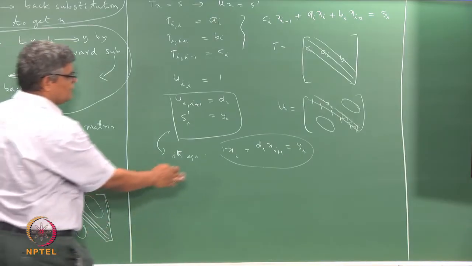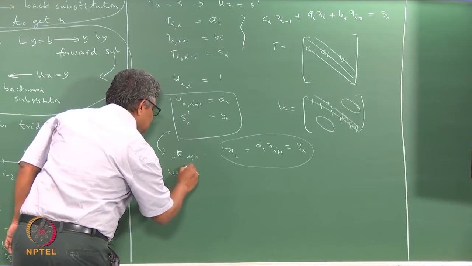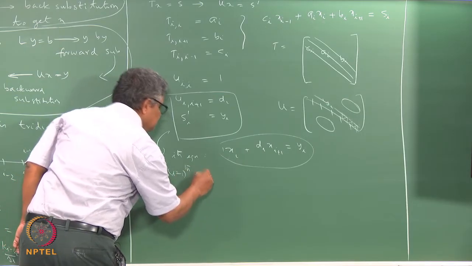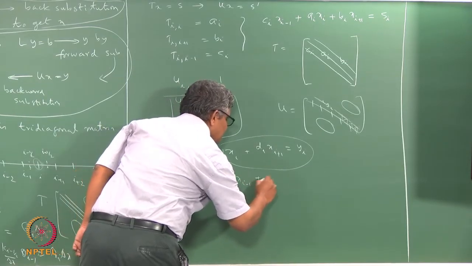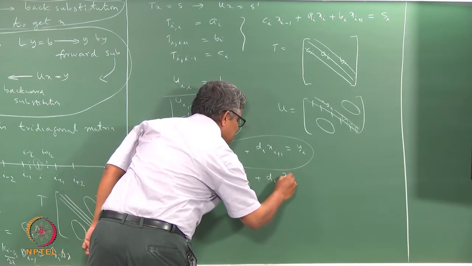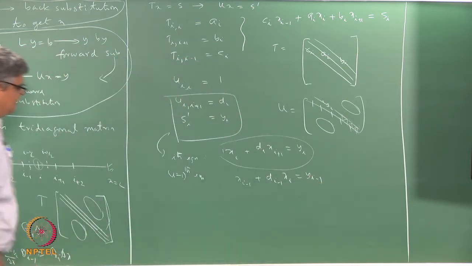Okay, so if this is the ith equation, the i minus 1th equation is given by xi minus 1 plus di minus 1 xi equal to yi minus 1. Okay.